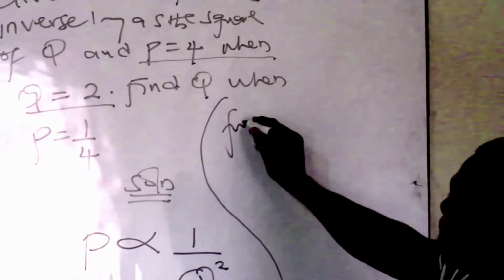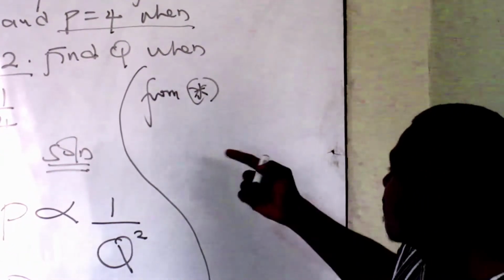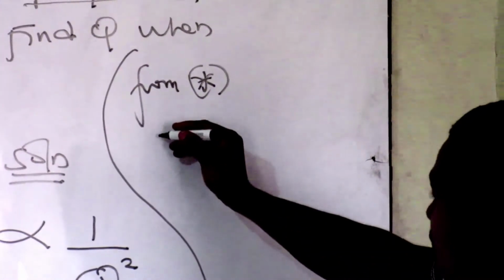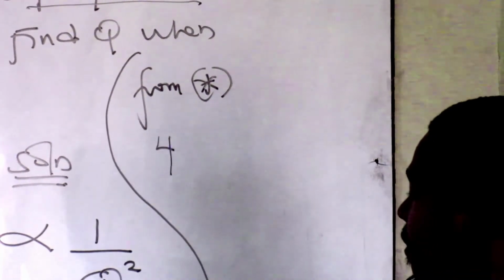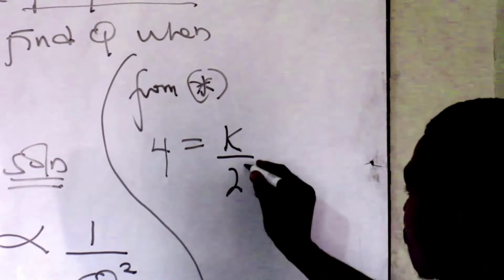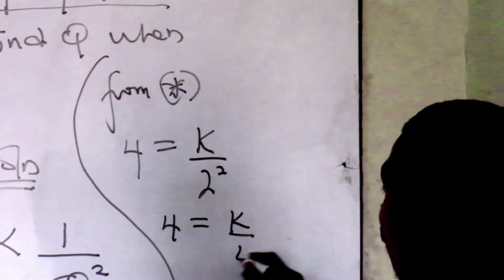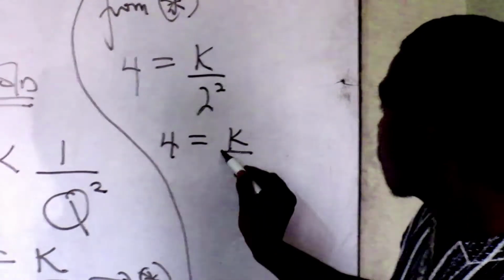Now from the start, what do we see here? p is 4. That is equal to k over k squared, with 2 squared. So you have 4 equals k over 4. Now you can cross multiply.